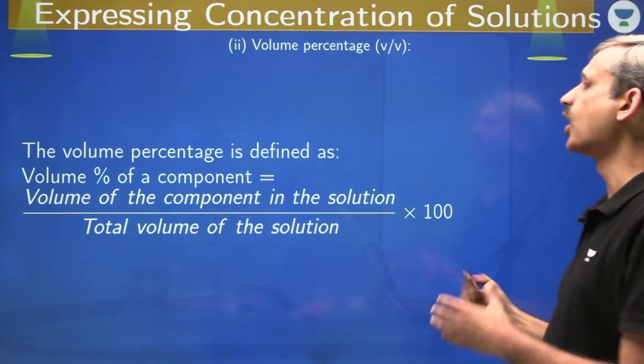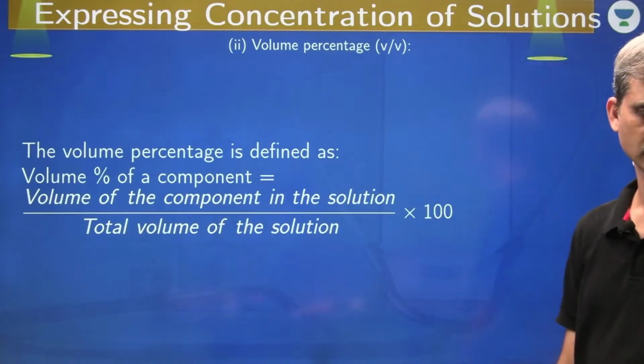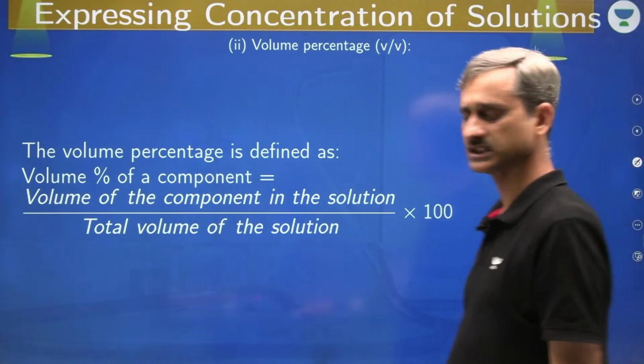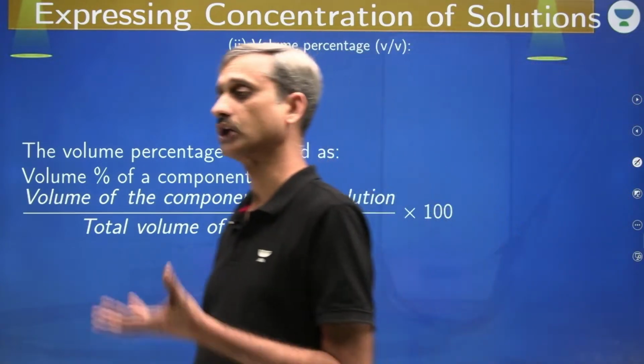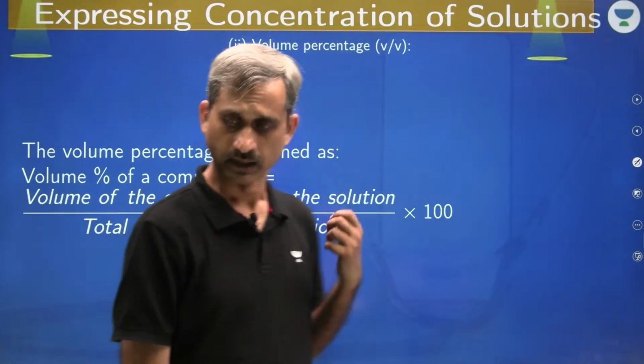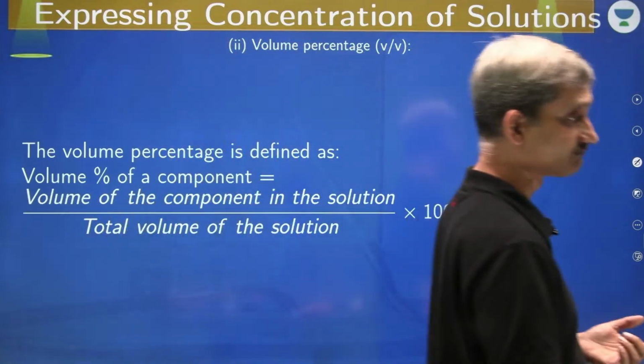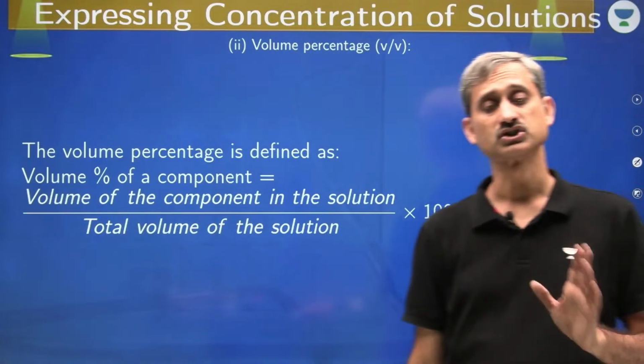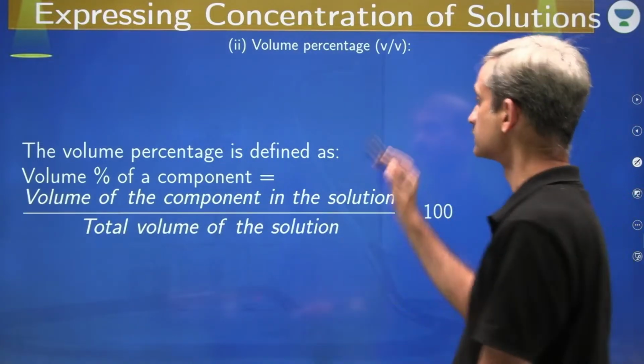Now let's have the volume by volume percent. Volume by volume percent is the percentage, the volume of the solute divided by the volume of the solution. Please remember, we have the law of conservation of mass, but we don't have any law of conservation of volume. Okay? Just remember that.